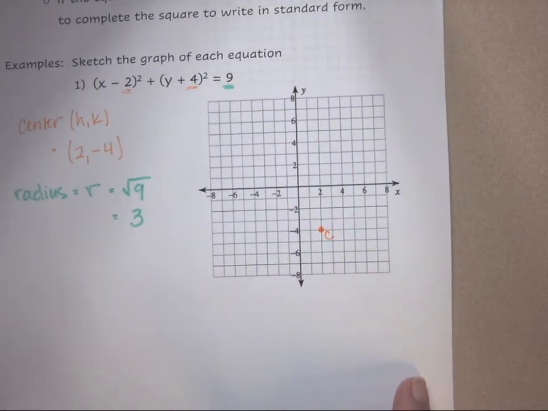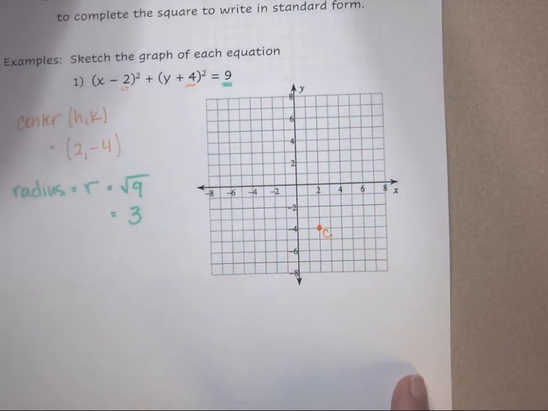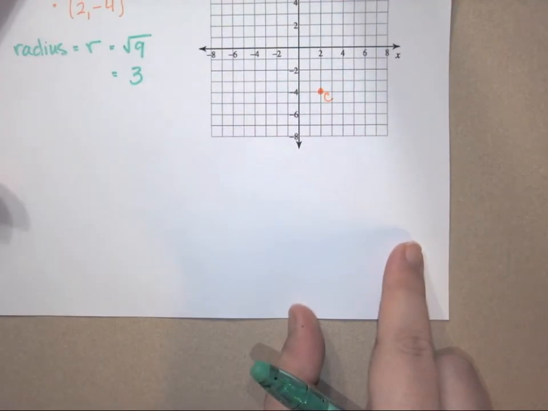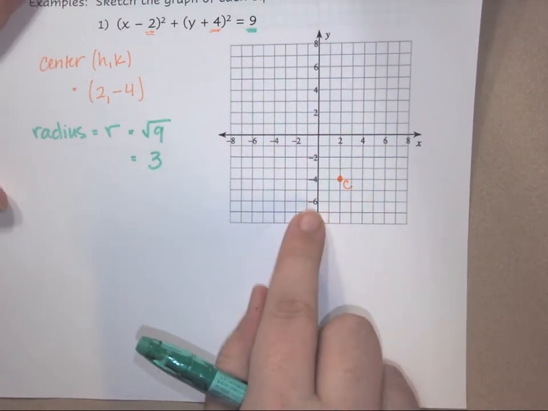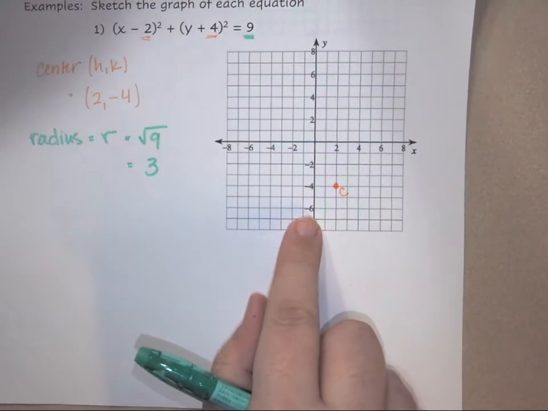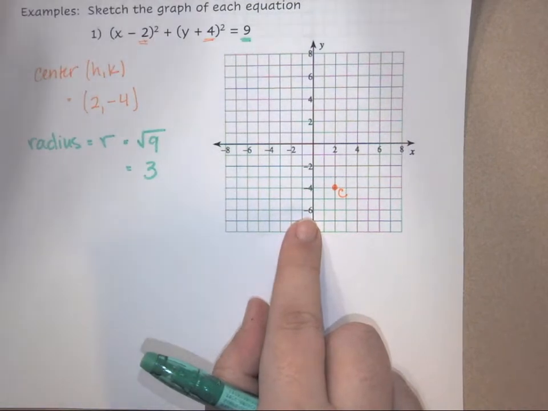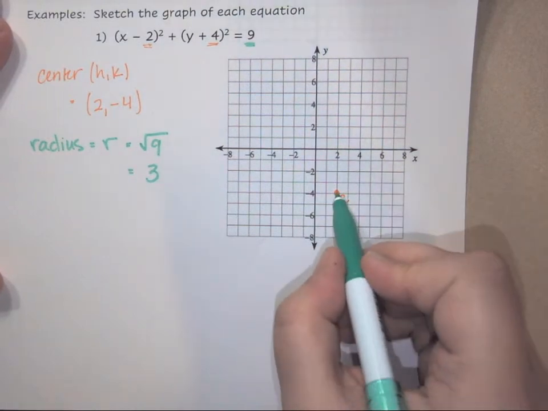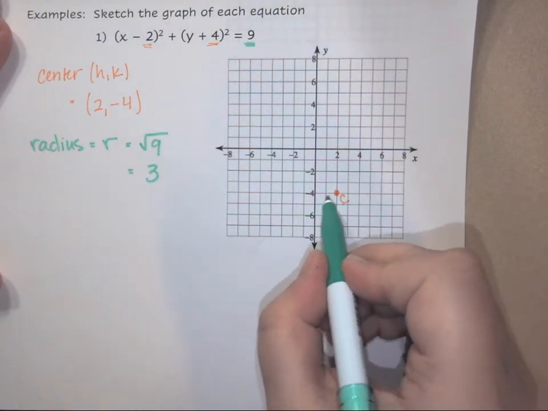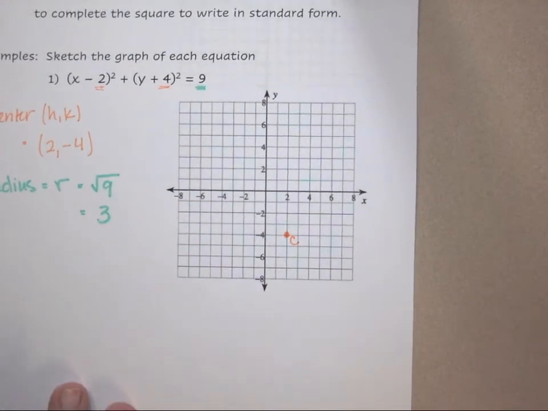We are going to start at the center, and we are going to go up, down, left, and right according to the radius. Okay?